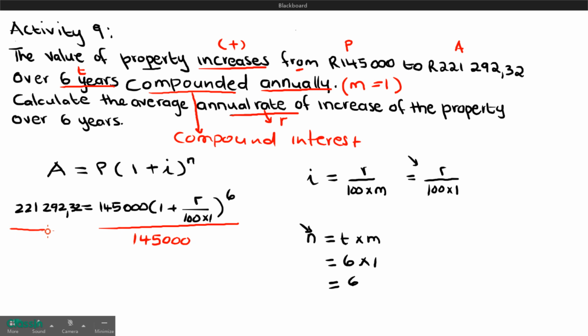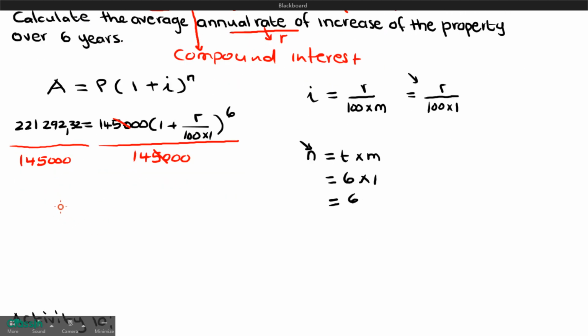And even this side, we're going to divide by 145,000. This will eliminate that. And once that happens, let's press the calculator here. Let's bring the calculator on.